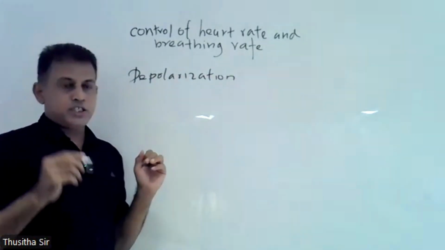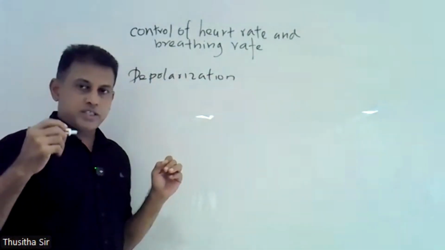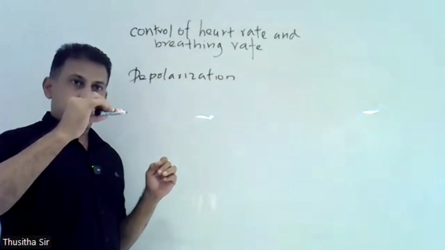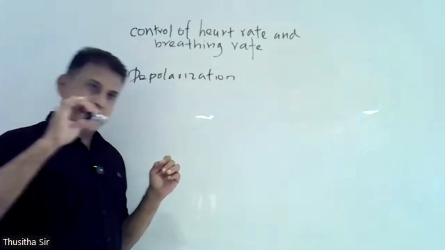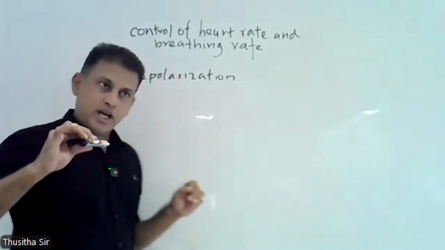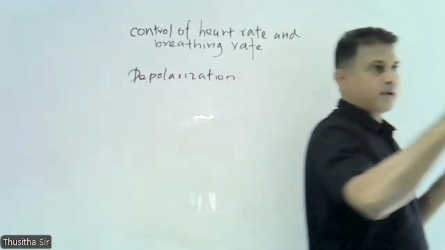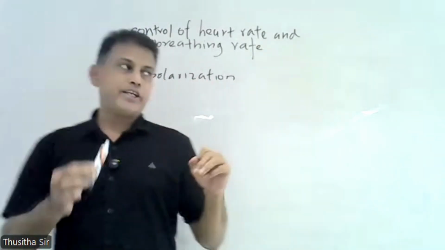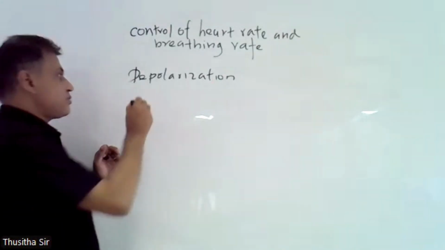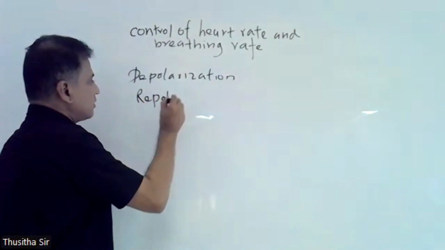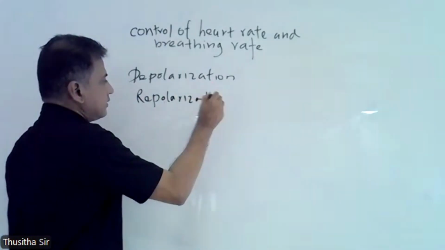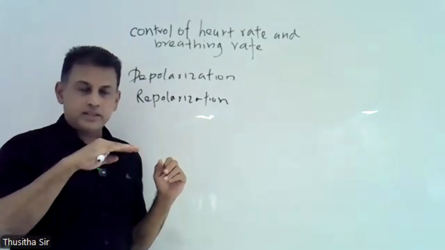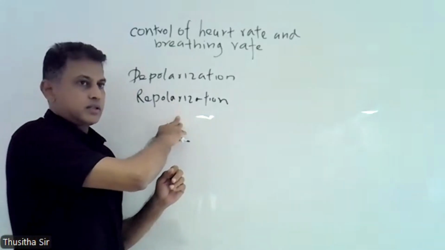The potential change is depolarization. After depolarization, it can make a current because the charge is moving. When charge is moving, it's actually the current. Then later, it goes back to the normal place, which we call repolarization.